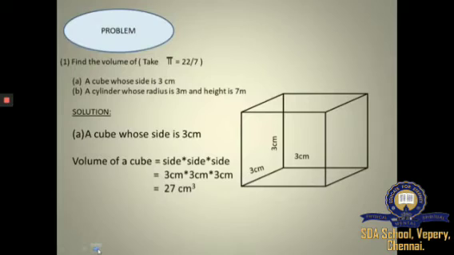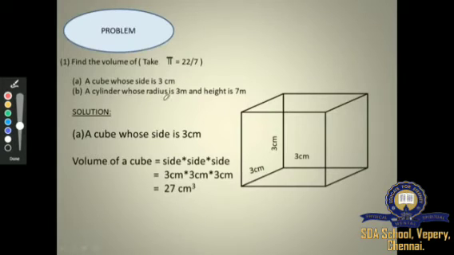Problem: find the volume of a cube whose side is 3 meter, a cylinder whose radius is 3 meter and height is 7 meter, and a sphere whose radius is 3 meter. First we will find the cube whose side is 3 meter.